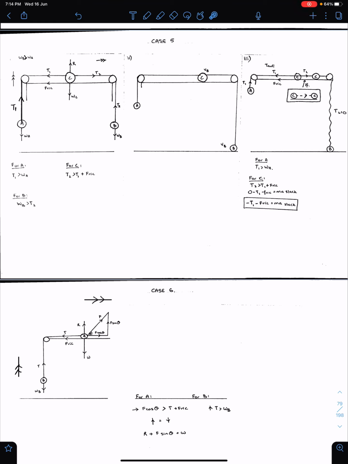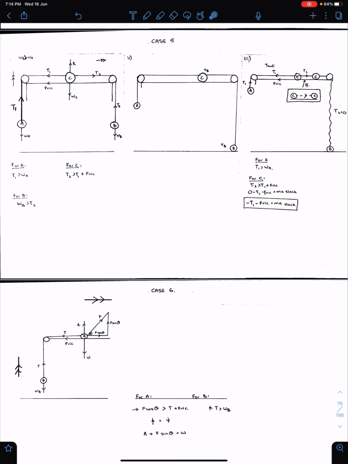And since B hits the ground, and the speed of particle C is not 0, therefore C will continue to move towards the pulley, and let's suppose C does not reach the pulley, therefore we need the acceleration of C. This is the final speed of C, 0, initial is VB.